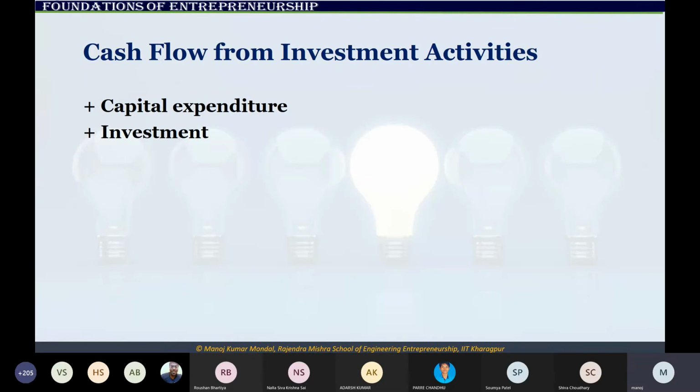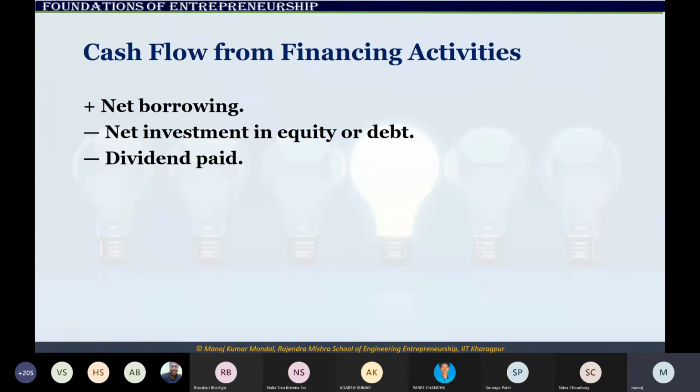Cash flow from investment activity is cash flow from capital expenditure, meaning suppose you buy some machine, etc., and you make some investment in a fixed deposit or something. Cash flow from financing activities covers borrowing and equity funding, and then dividend payment. Dividend payment is a negative cash payment. Net investment in some debt securities or something is a negative.